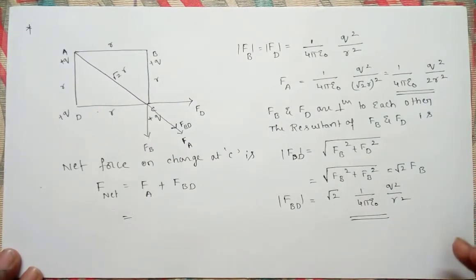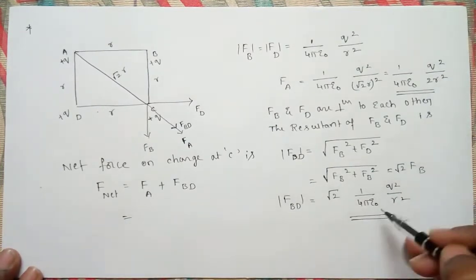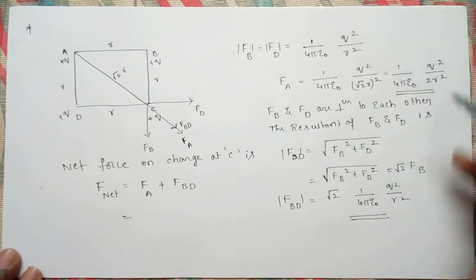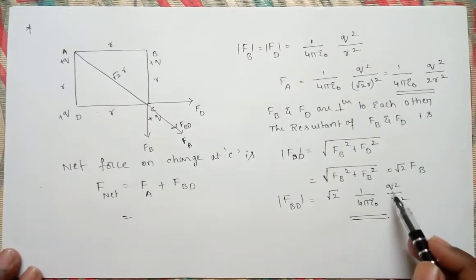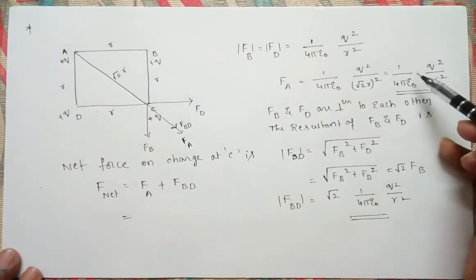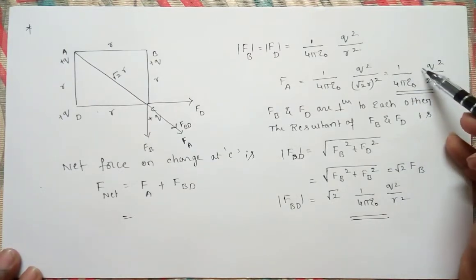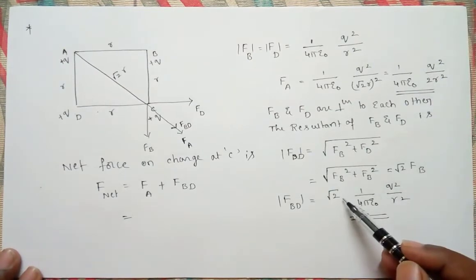If you observe, these expressions are almost common: 1 upon 4 pi epsilon naught q square by 2 r square here, and root 2 into 1 by 4 pi epsilon naught q square by r square. You can take common 1 upon 4 pi epsilon naught q square by r square. Then what will remain? 1 by 2 in the FA and root 2 in the FBD.